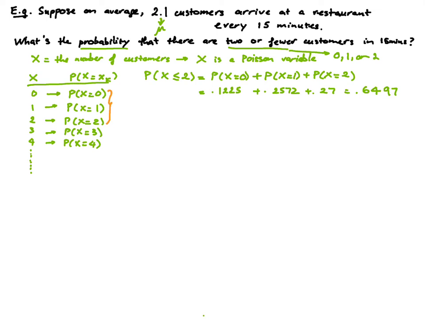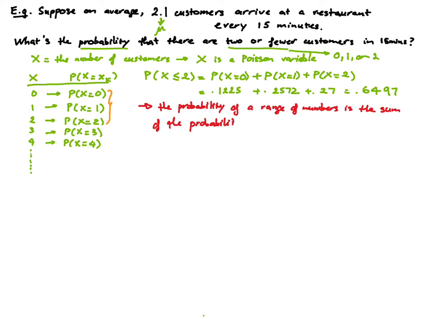So what do we learn here? What we learn here is that the probability of a range of numbers is equal to the sum of the probabilities of the values in that range.